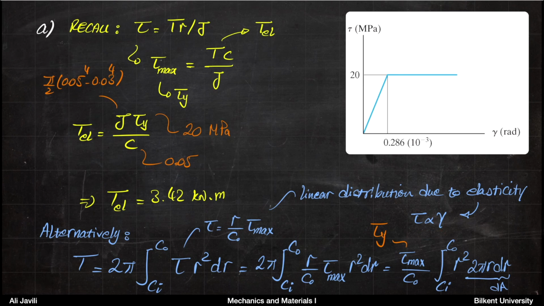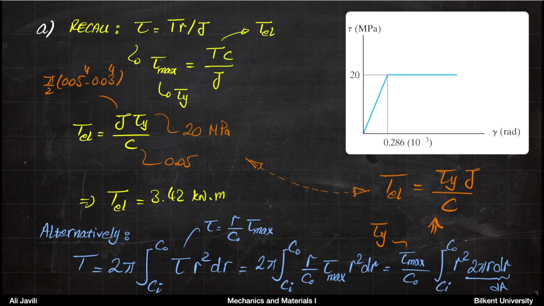So if you do that, and if you replace tau max by tau y, then you can calculate torque as tau y times J divided by c, which is exactly what we had before. So this is what we did here. Alternatively, this is what we just did in this lecture. What we had here is what we had done in the previous lectures. So the reason I'm doing this is that for the part B, we can no longer use this one.